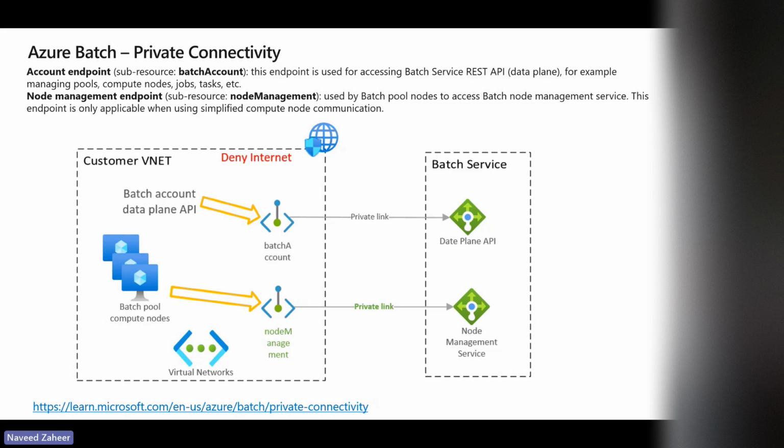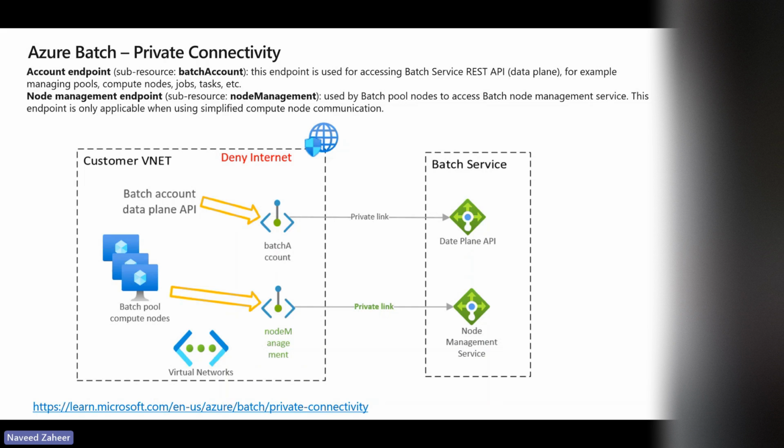So that's one part of the thing. The second thing is there are two private endpoints that you can create. One is a batch account. The second one is node management. If you see in the last slide, for node management outbound, you have to open an NSG. But let's think about this. If your pool doesn't have a public IP, how are you going to communicate outside?